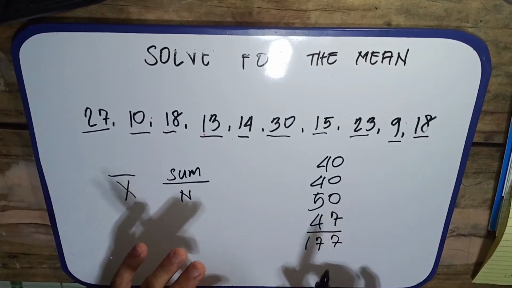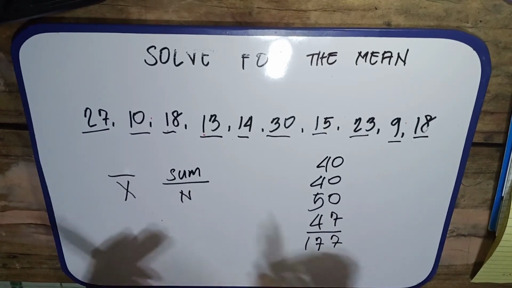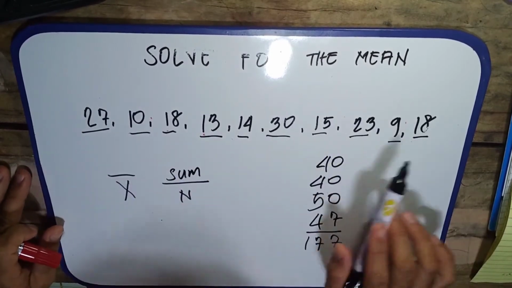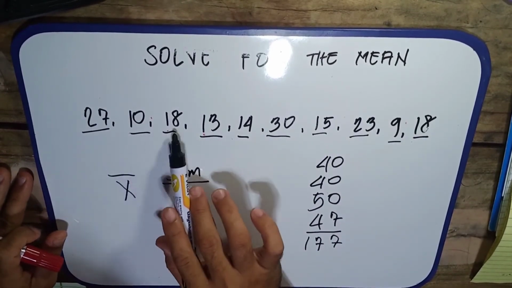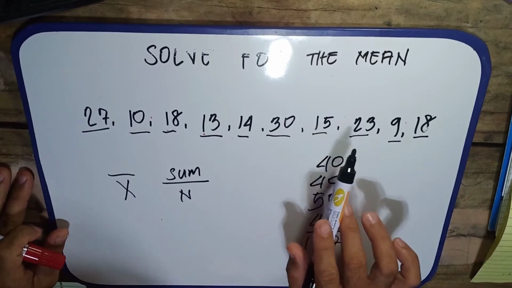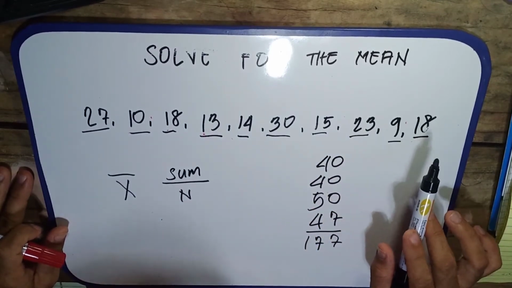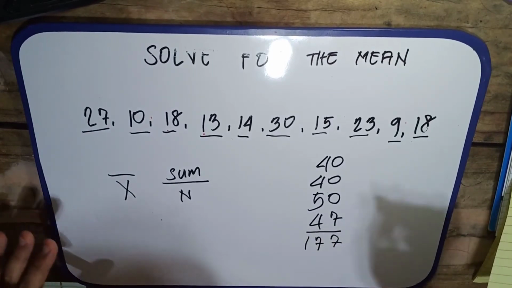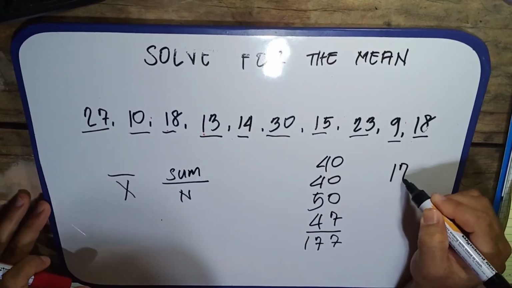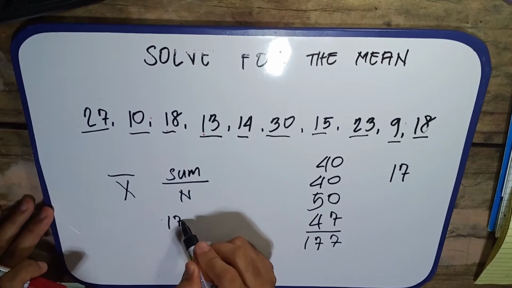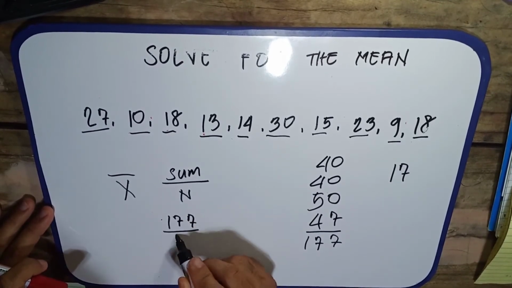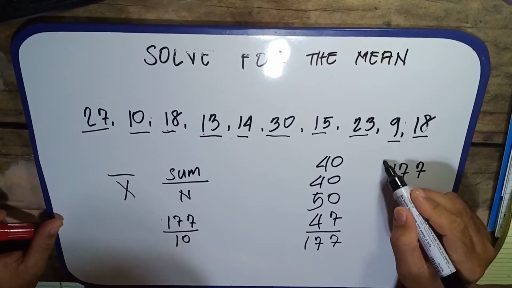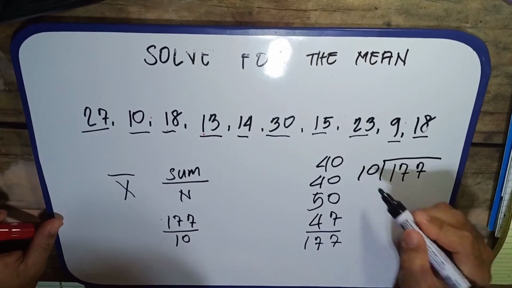the sum of numbers is divided by the numbers in the data set. Okay, so we need to count all these numbers, right? 1, 2, 3, 4, 5, 6, 7, 8, 9 and 10. Alright, so there are 10 numbers in the data set. So 177 over 10. So we need to solve for this. 177 divided by 10.